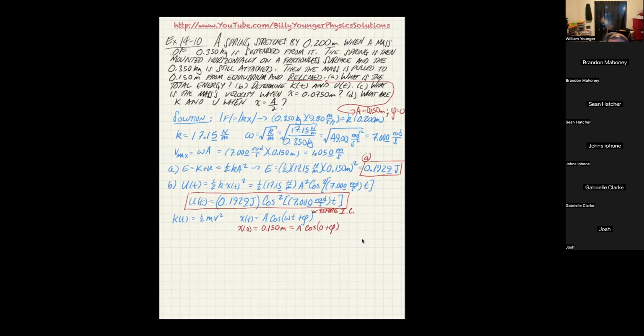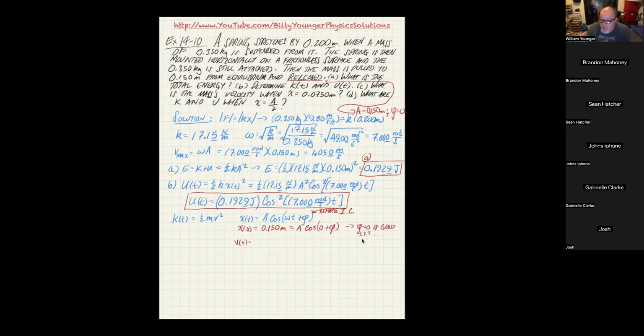So I'd say that implies phi equals 0 is good, but not necessarily right, because you could also have phi equal to 2 pi or negative 2 pi and so on and so forth.